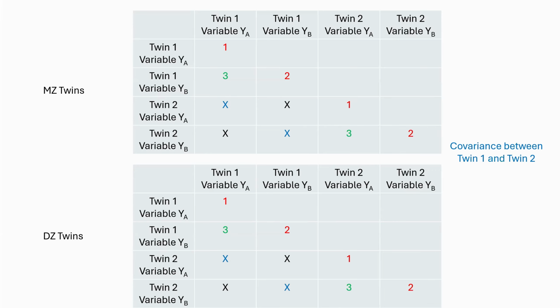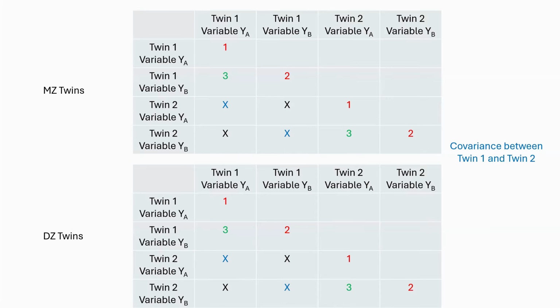Next are the covariances between twin 1 and twin 2 on both the variables of interest. Going through the slide, we have the covariance between MZ twins for variable YA, the covariance between MZ twins for variable YB, the covariance between DZ twins for variable YA, and the covariance between DZ twins for variable YB.